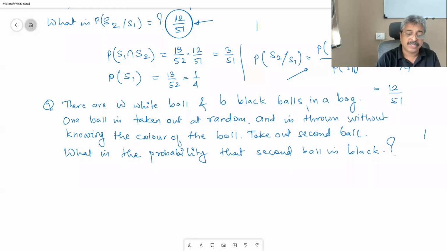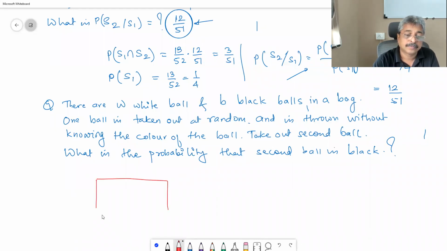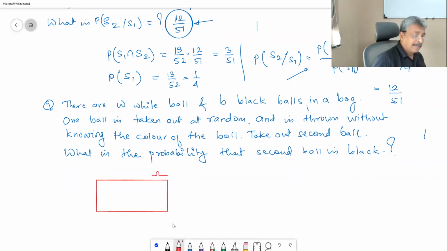Suppose I have a sample space omega, and suppose, for the time being, I have 3 events in this sample space. This event is B1, this event is B2, this event is B3.